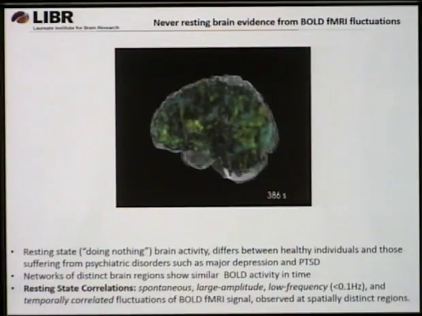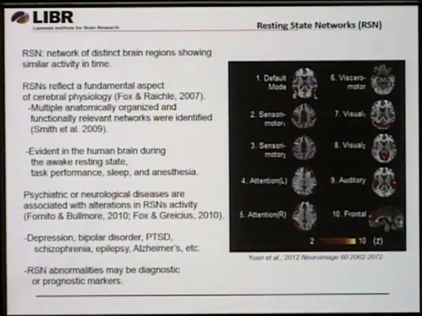So even when there is no direct instruction to the subject during the experiment, there is a lot of ongoing activity in the brain, which is coherent in time and also coherent across different areas of the brain. And this is a very important part of research because we call this phenomenon resting state networks. We discover many different resting state networks which tell us how the brain operates and works.